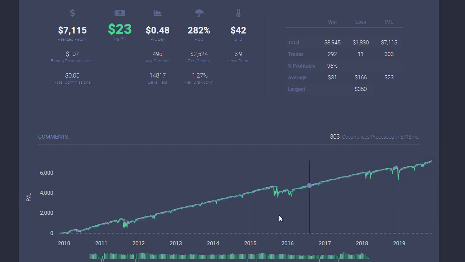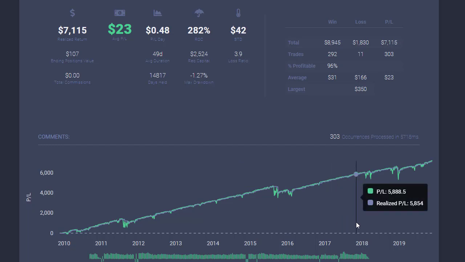The lighter teal line is your unrealized P&L as the trade is opening, so you'll see these spikes down. For example, in this section, you might be in 6 or 7 trades, and the market dropped 5% or something, and so all of your trades are going to be down. But ultimately, in this case, a lot of them recovered, and you can see that spike up. You did take some losses in here, but it changes the dynamic.